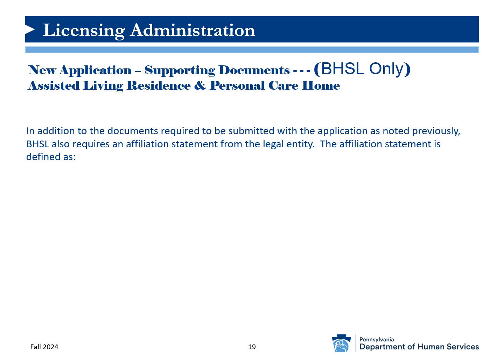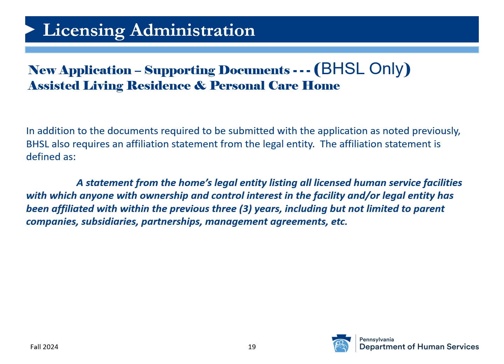In addition to the documents required to be submitted with the application, as we noted previously, BHSL also requires an affiliation statement from the legal entity. This would be for personal care homes and assisted living residences.